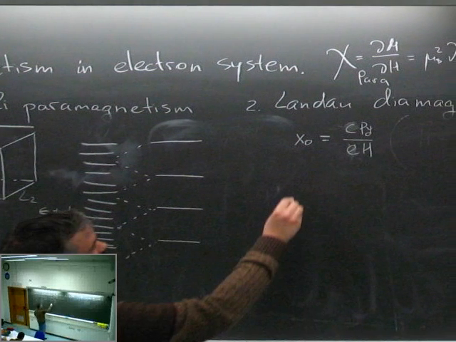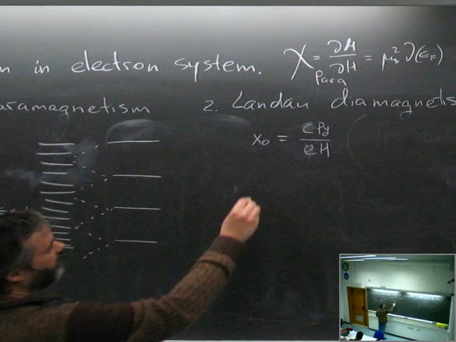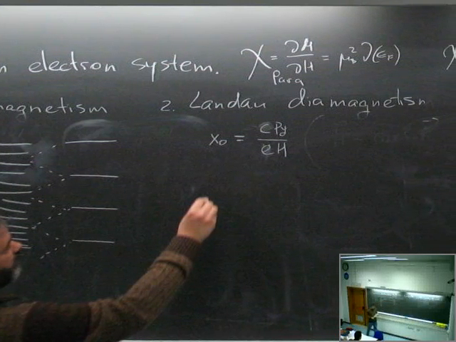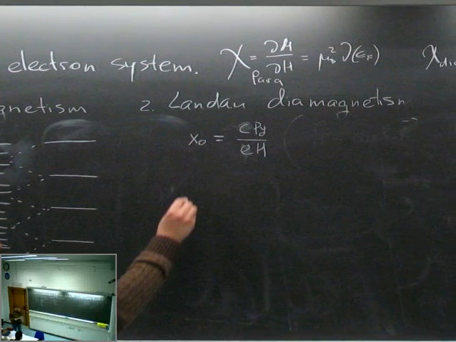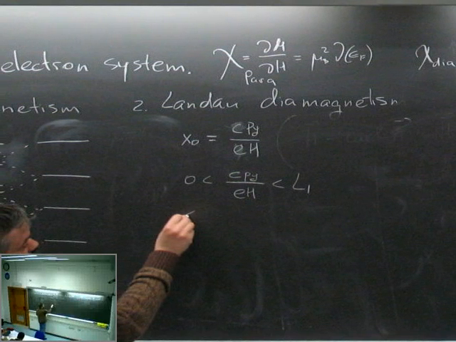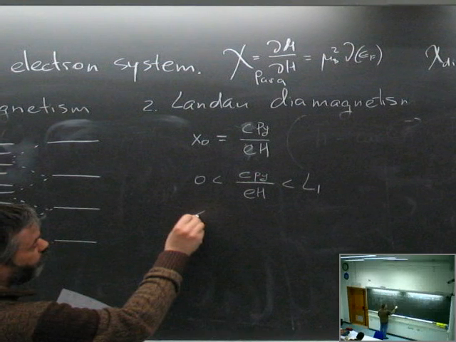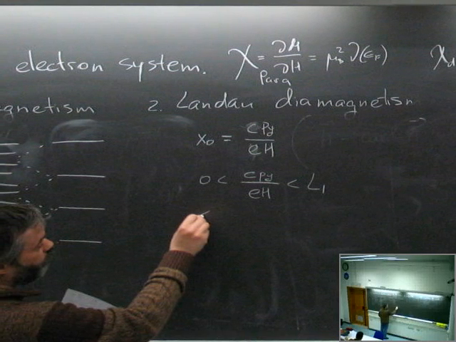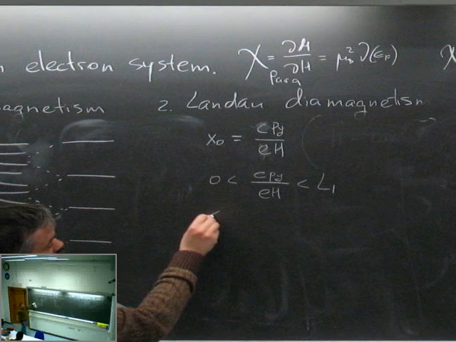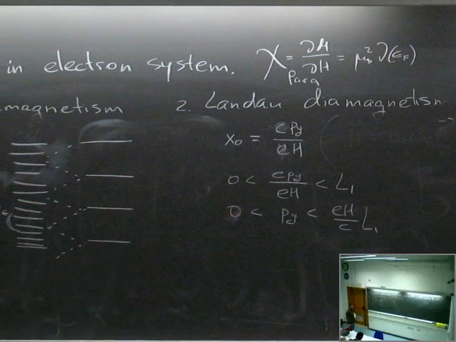So I'm saying that c Py over eH is smaller than that. Therefore, for my Py it is eH over c L1. So L1 is the size of my box in X direction.